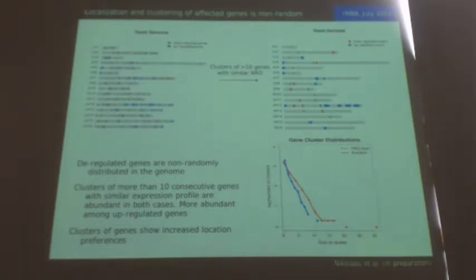They are not points in the map. And if you apply a sort of clustering of genes with similar values that come in arrays of more than 10 genes, you find clusters of these genes, and you see that they are not randomly located. A lot of upregulated gene clusters are located in the long arm of chromosome 12.